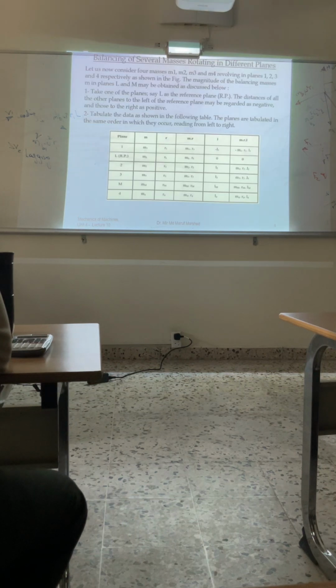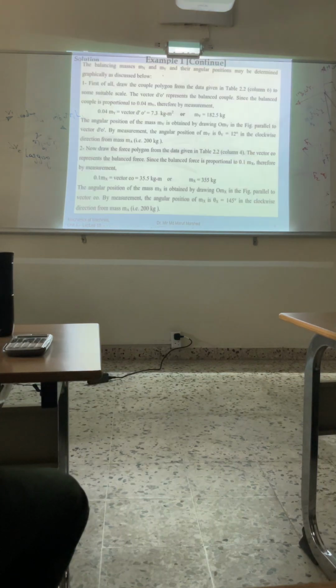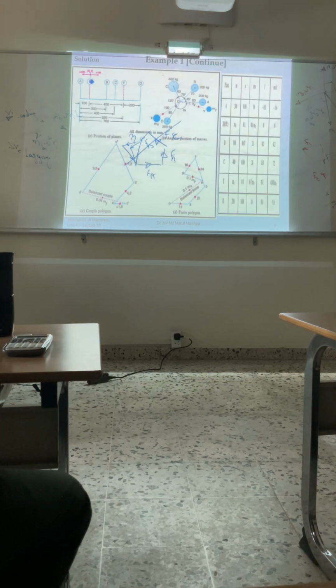When you allocate your reference at the X plane, you will end up with this story. This is your X plane, right? And then you will end up with LA being negative 100.